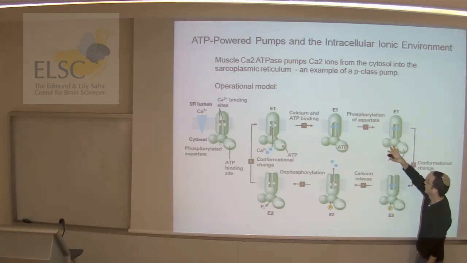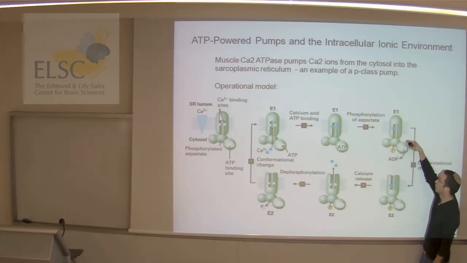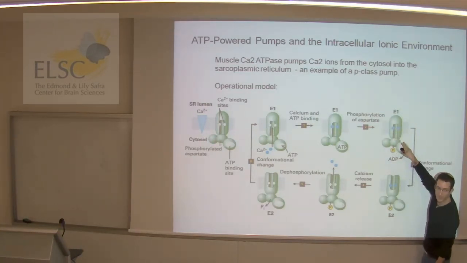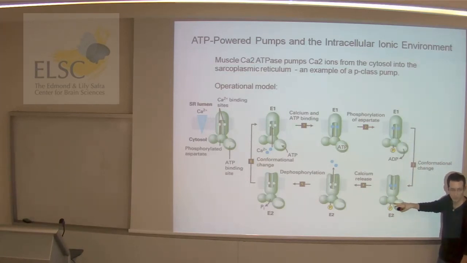And now this reaction has gone up the energy level of this protein, and that's exactly the energy that will be used to drive the conformational change between E1, where the two calcium binding sites face towards the cytosol, and the second conformational state, in which the two calcium binding sites face the lumen of the SR. So this is where the conformational change occurs right after the ATP hydrolysis.